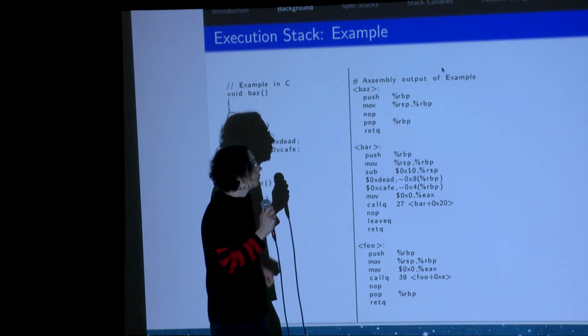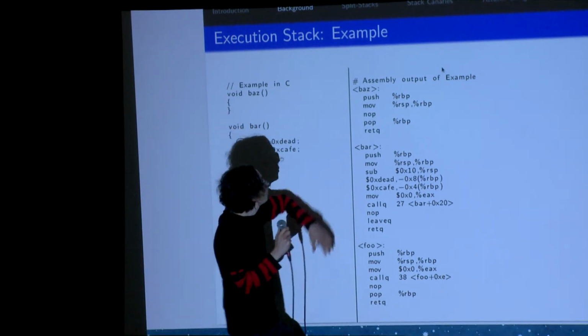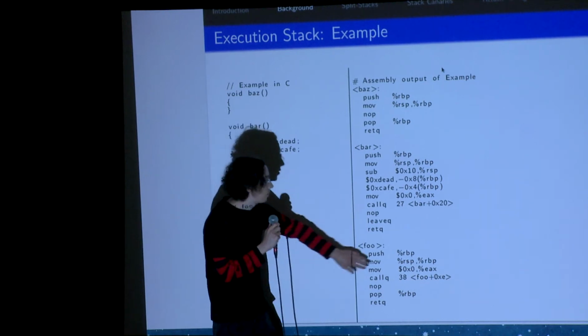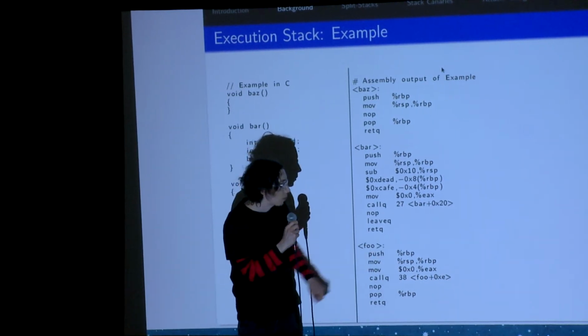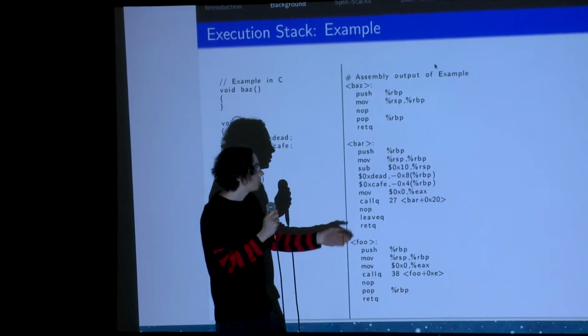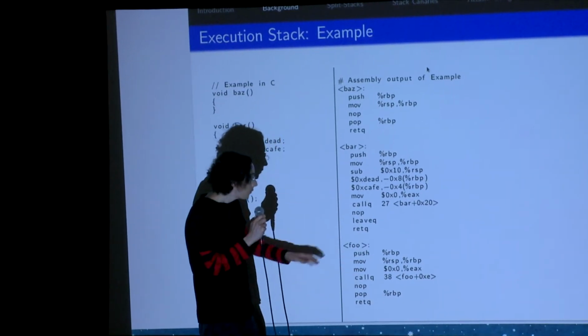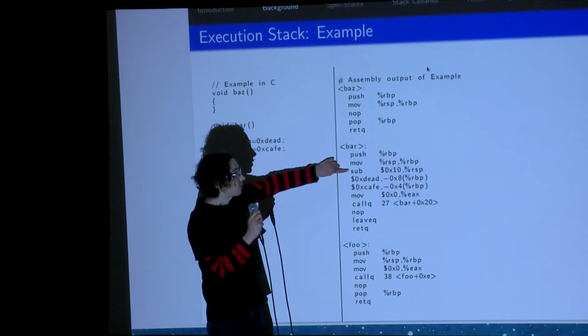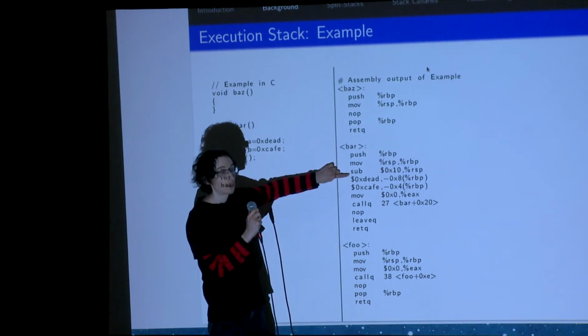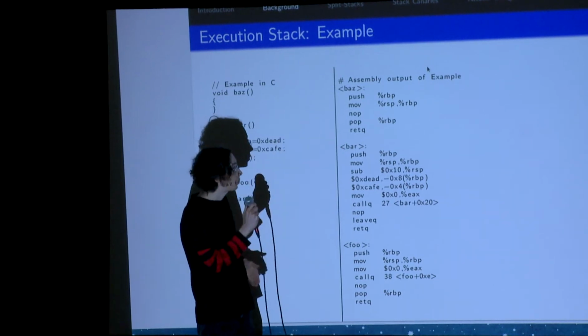Here is the assembly dump of that. As you can see, foo and buzz look pretty similar. This is the portion of the code that is setting up the stack. You're pushing the stack base pointer, and pushing a value onto the stack. If we look at the function bar, you notice there's a subtraction here because the stack actually grows downward on an x86 machine.